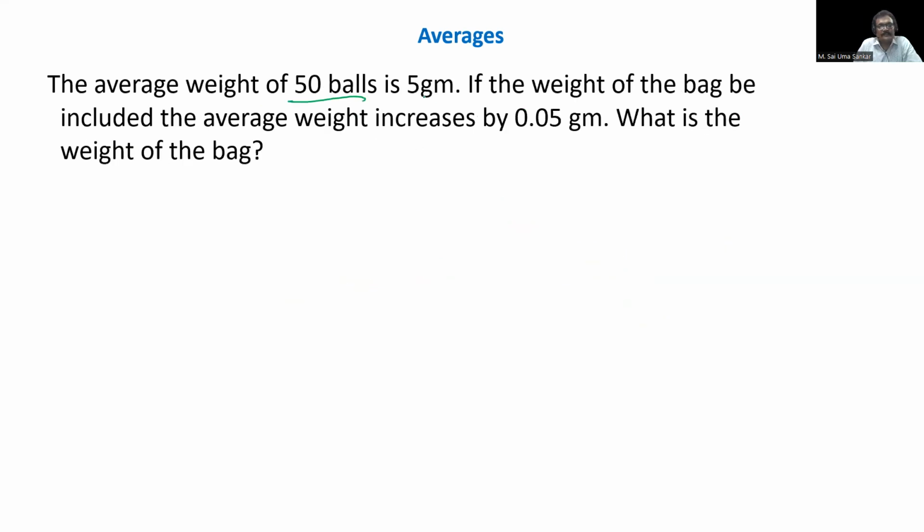The average weight of 50 balls is 5 grams. If the weight of the bag is included, the average weight increases by 0.05 grams. If the bag is also equal to 5 grams, is it correct? No. It increases by 0.05 grams. Total, how many articles are there? 50 balls plus bag, 51.